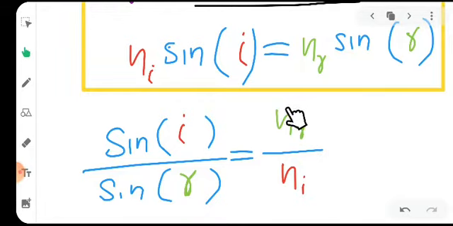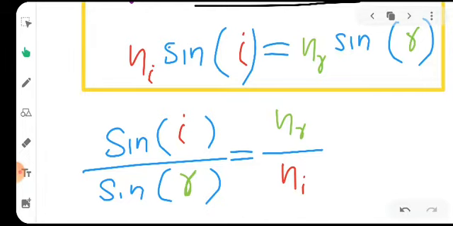So Nr over Ni means the relative refractive index of the second material with respect to the first material. That is what the constant is.